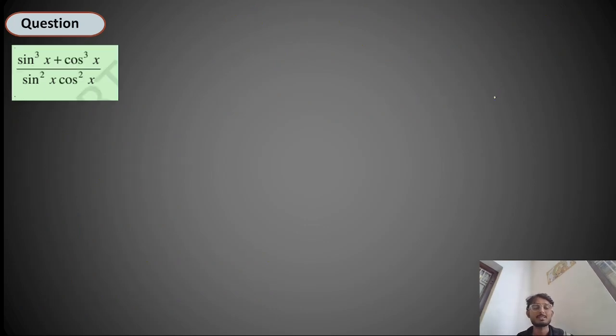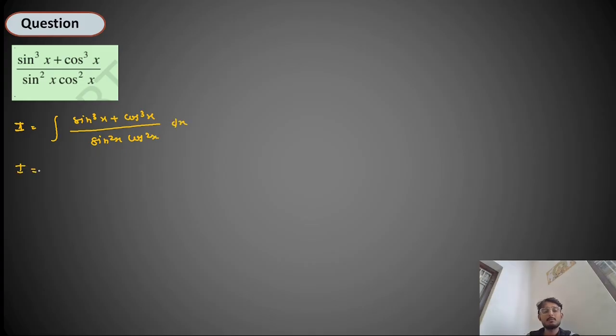The example is given as sine cube x plus cos cube x upon sine square x cos square x. So firstly you will write I equal to integral of sine cube x plus cos cube x upon sine square x cos square x dx.